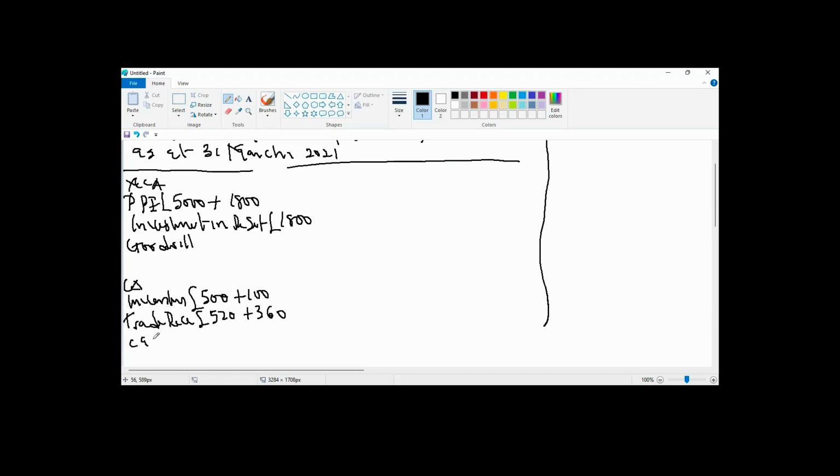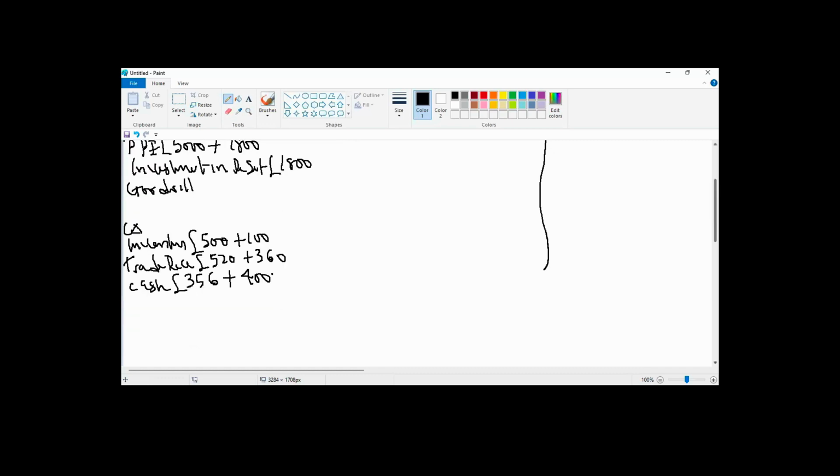Cash, $5.6 plus 400. Total assets, equities, and liabilities.